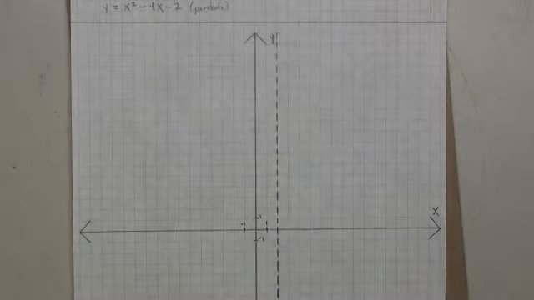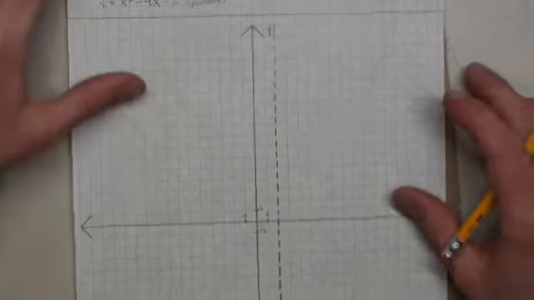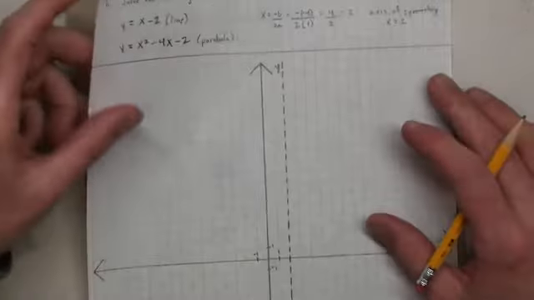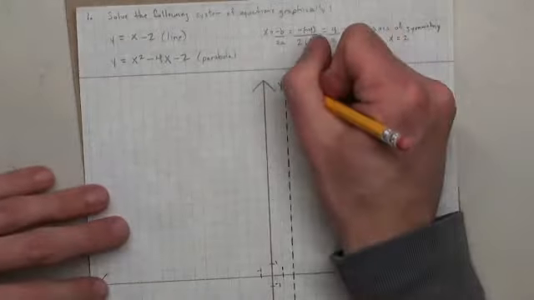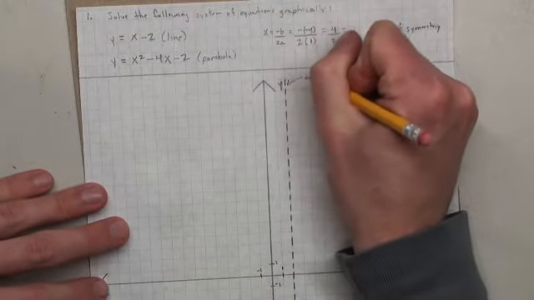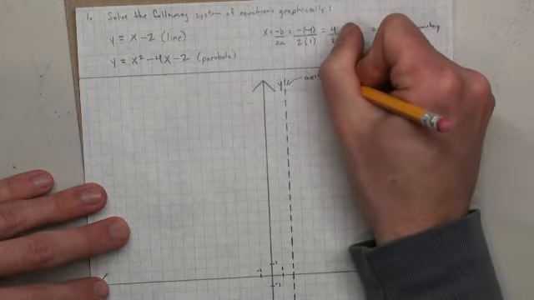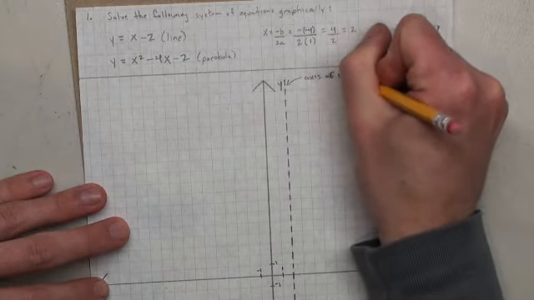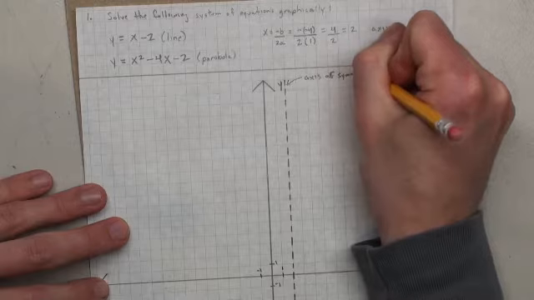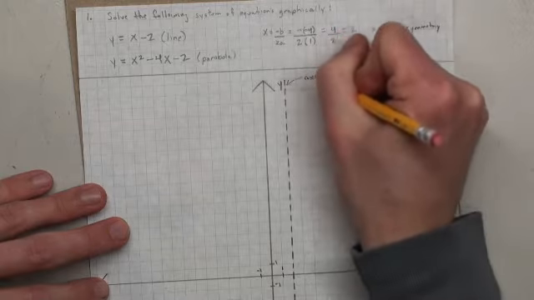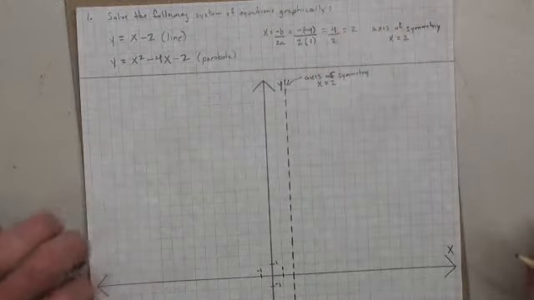So, there is my axis of symmetry. Now you have to label that axis of symmetry, and it's x equals 2.